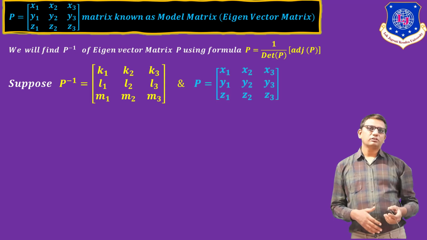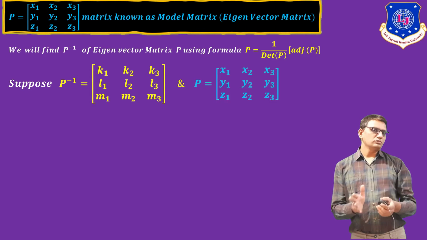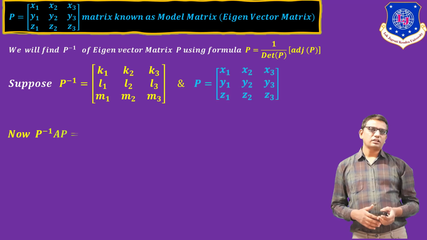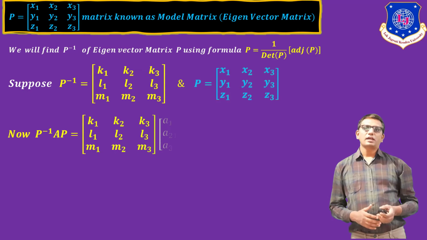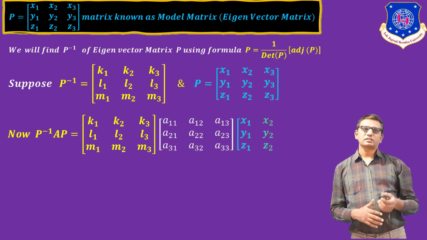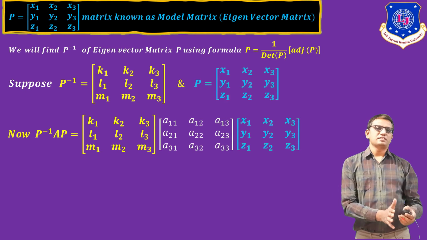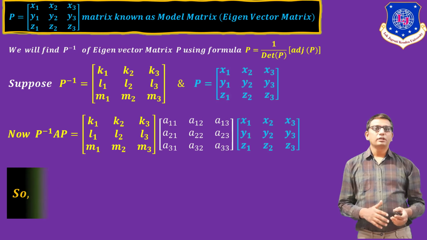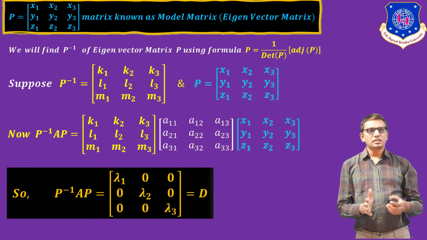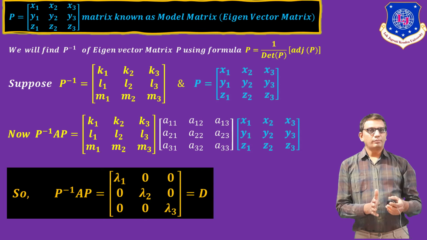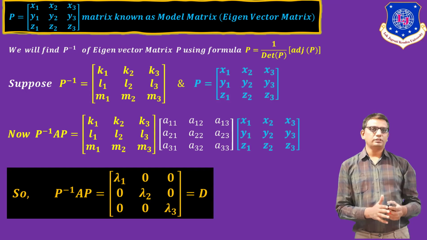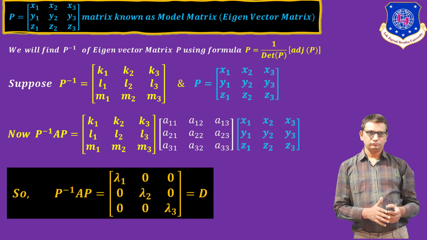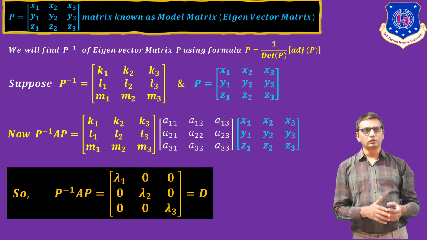Now, to convert our original matrix A into the diagonalization form, we take the transformation P inverse AP, and after multiplying these 3 cross 3 matrices, we have a diagonal matrix: P inverse AP equals lambda 1 in the first row, first column, lambda 2 in the second row, second column, and lambda 3 in the third row, third column.